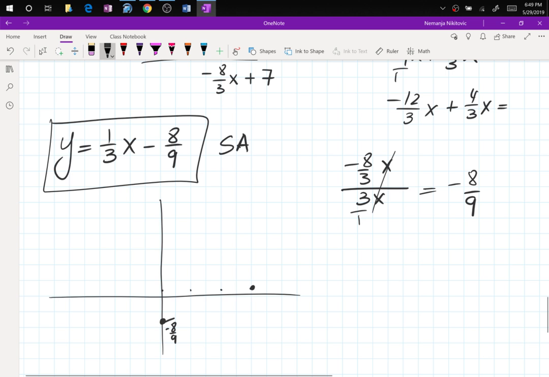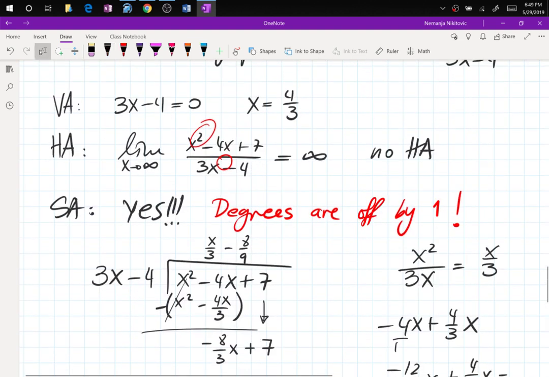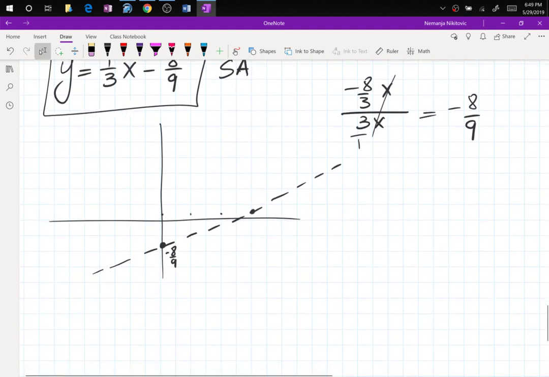And this would be the slant asymptote. And then at 3/4 or 4/3, what was it? 4/3. At 4/3 we have the vertical asymptote. Now 4/3 is, if this is 1, 4/3 would be somewhere over here.